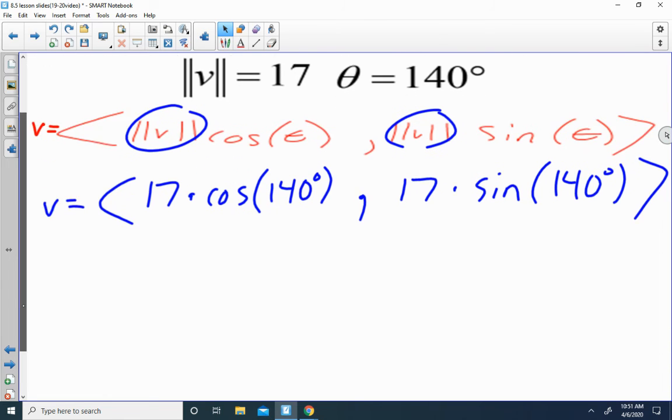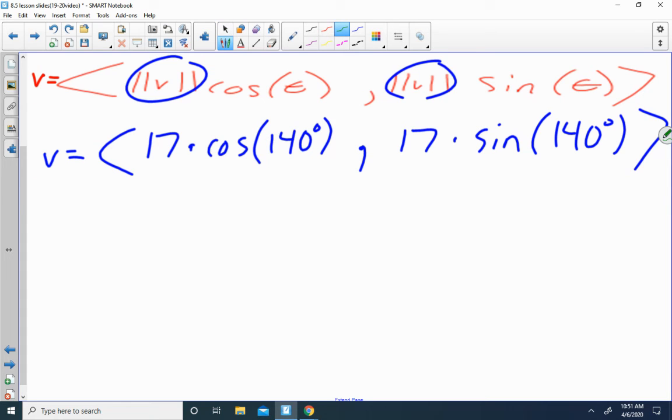All right. Brace yourselves. When I do cosine of 140 degrees, you're going to get some really long, nasty decimal. And you are not to round it. You do not round until you get to the final answer.